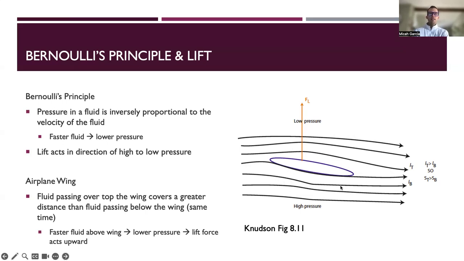And so what ends up happening is that you have this faster velocity of the fluid above the wing than you do below: faster velocity, low pressure; slower velocity, high pressure. The force moves from high to low pressure, so you see this upward lift force. So this is how airplane wings work, that's why they're kind of slanted, so that the air above has a faster velocity, which then results in this lift force in the upward direction because there's lower pressure above the wing.